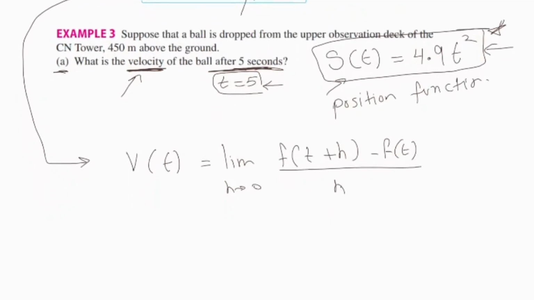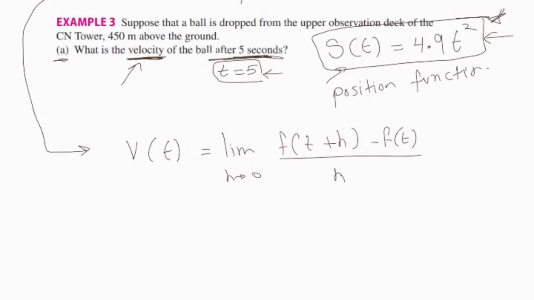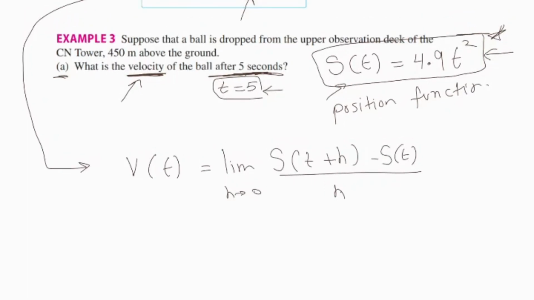Since I need to find the velocity, or the slope of the tangent line, for the curve s, I can write s, since the function is denoted by s. I have here the t, which is the point, which is equal to 5.